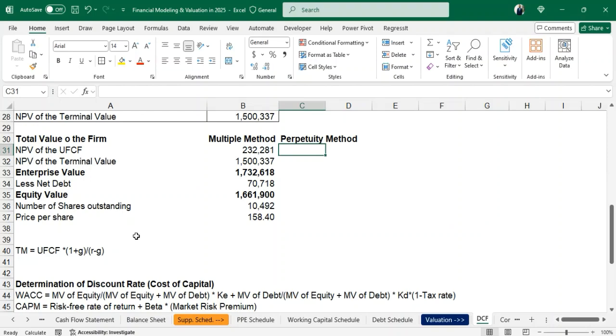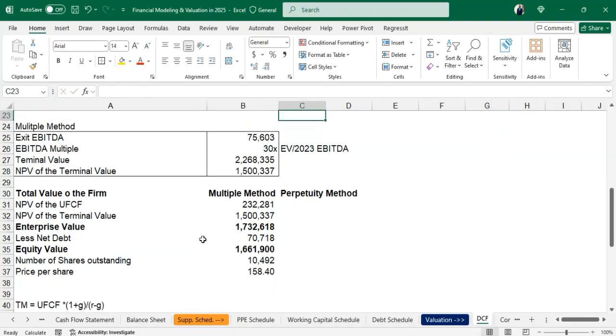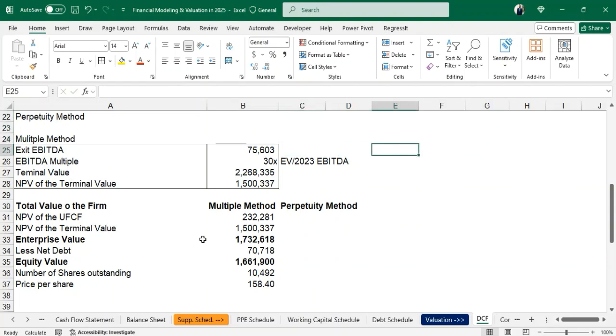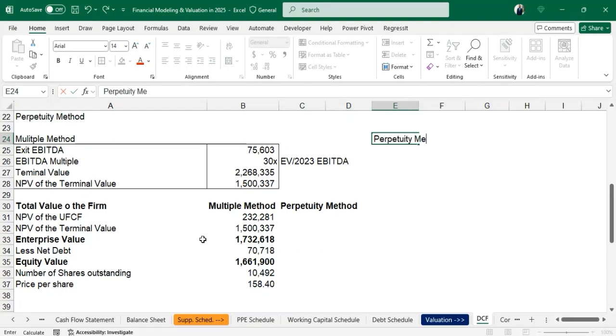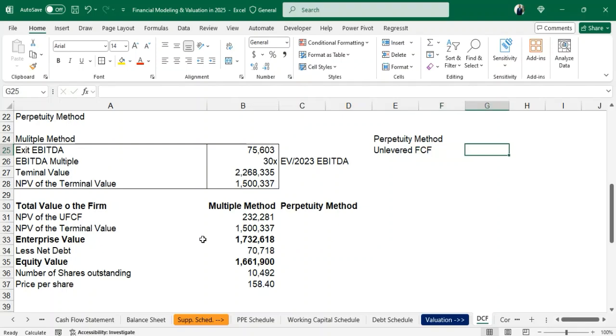So the first item you're going to have is our unlevered free cash flow. I can actually come here and do it here. So I'll have my perpetuity method. All right. So the first item we're going to make use of is our unlevered free cash flows for the last period.